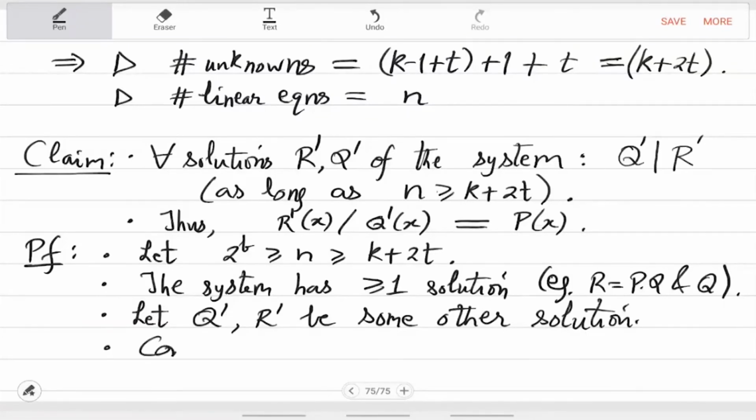be some other solution. So consider this polynomial, which is delta equals R prime minus P times Q prime. What can you say about this polynomial delta, looking at the linear system?